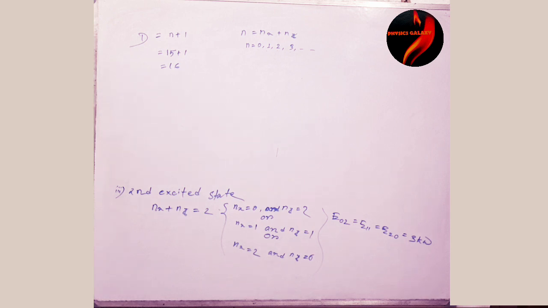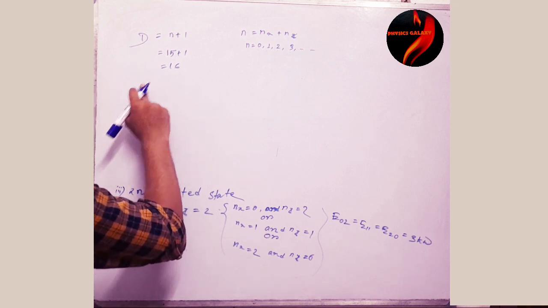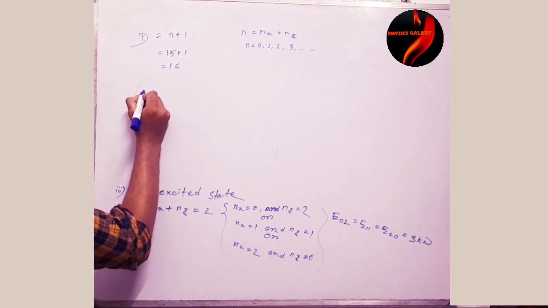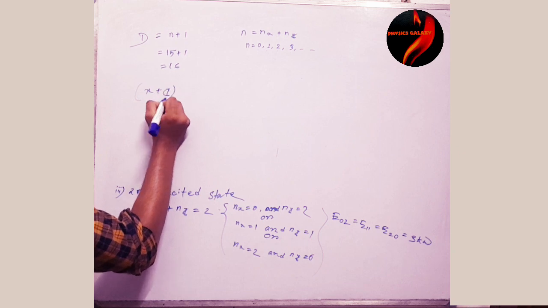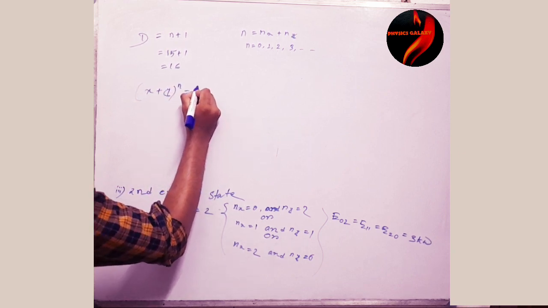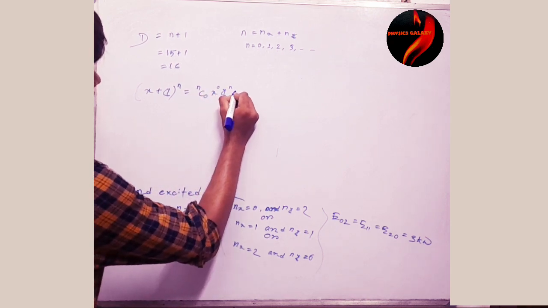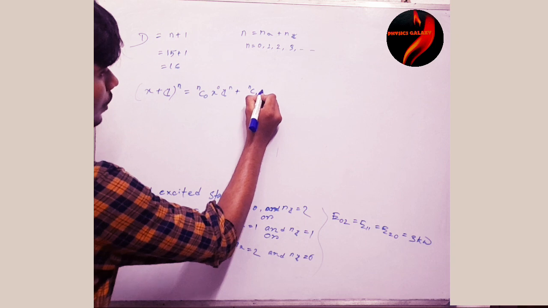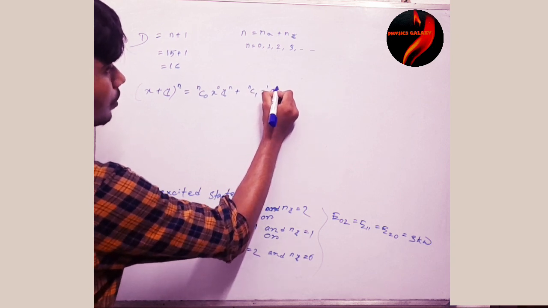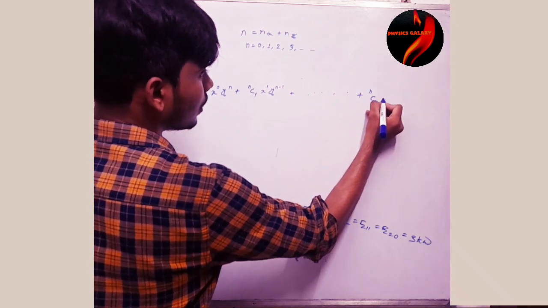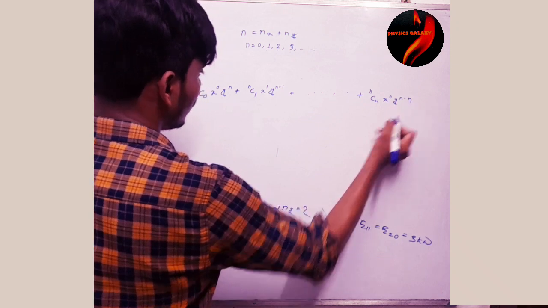Initially I got stuck on that question, but finally I told them that from the binomial theorem, we know that the binomial expansion of (x plus y) to the power n equals nC0 x to the power 0 y to the power n, plus nC1 x to the power 1 y to the power n minus 1, and so on, plus nCn x to the power n y to the power n minus n.